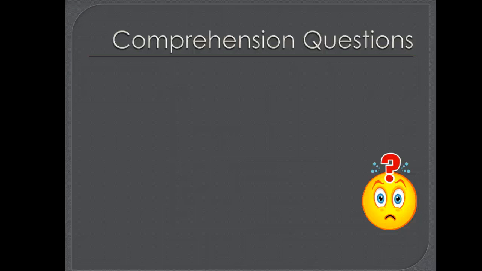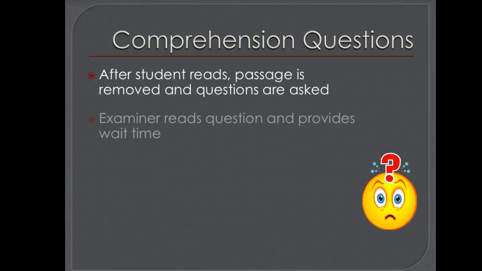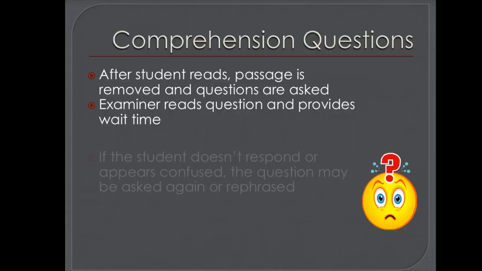Okay, comprehension questions. After the student reads, the passage is removed and questions are asked. On the QRI, it suggests taking away the passage and then giving the student the text if they missed a problem and repeating the question. The examiner reads the question and provides wait time.